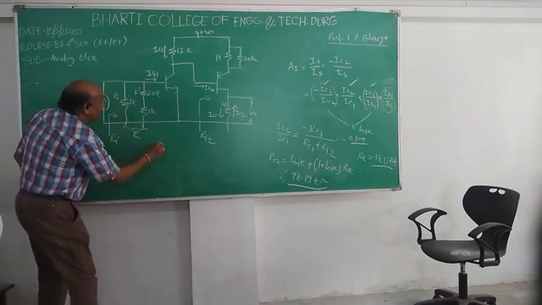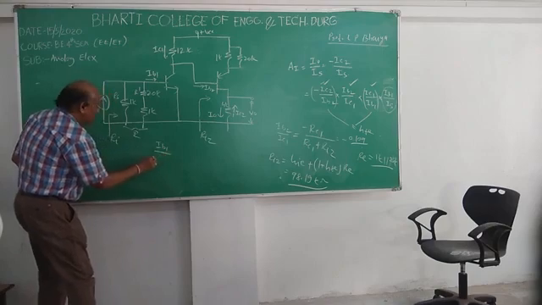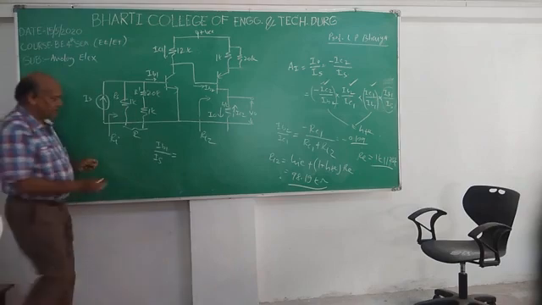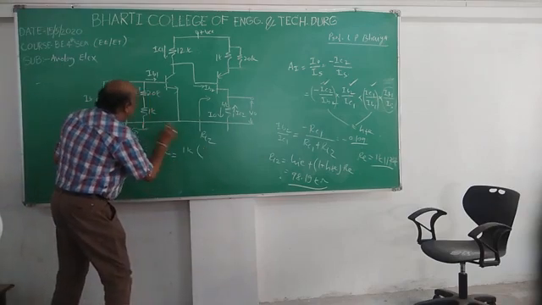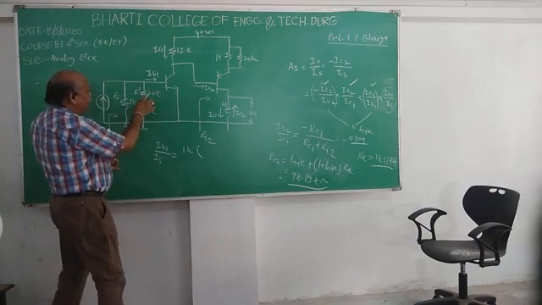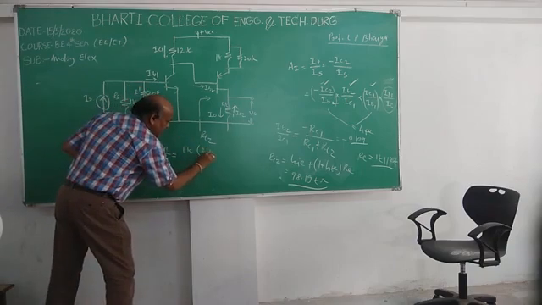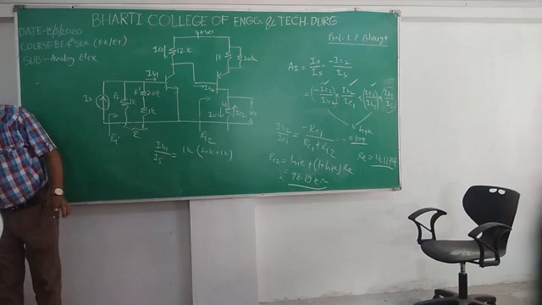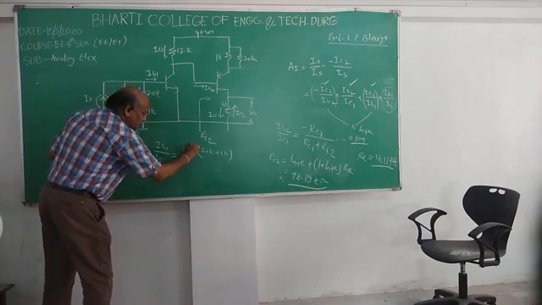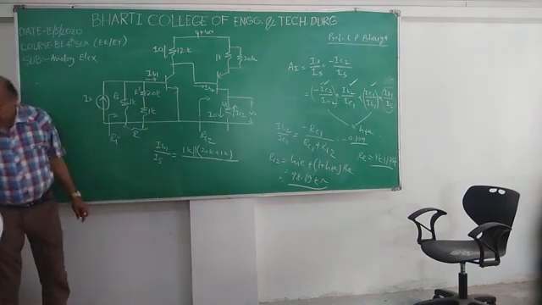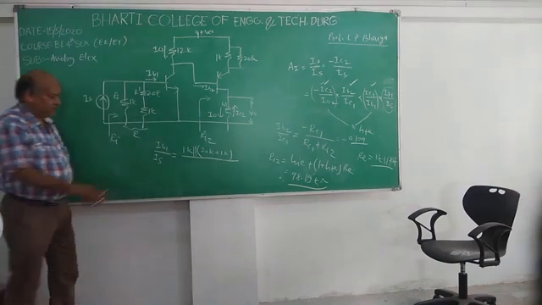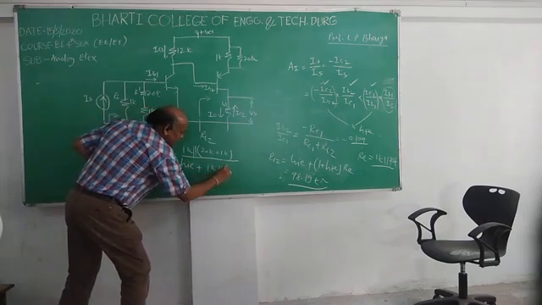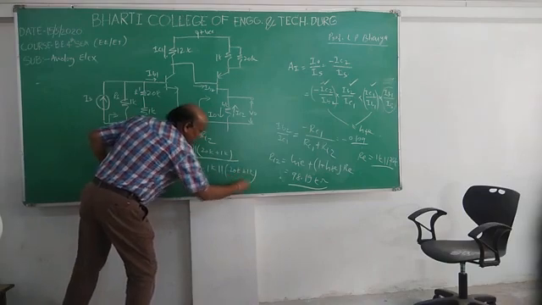IB1 upon IS can be calculated as this value: 1 kilo ohm parallel to 20K plus 1K, upon HIE plus this combination, HIE plus 1K parallel to 20K plus 1K.